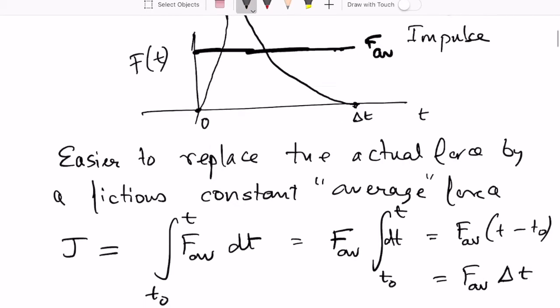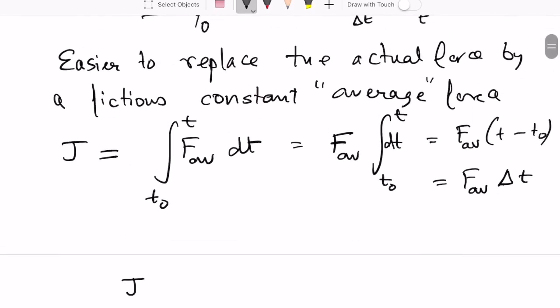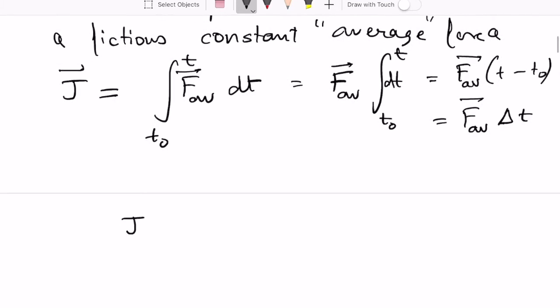So to summarize, the impulse is a vector, so strictly speaking, there should be vector signs over all of these. If you work with the actual force, the impulse is simply the integral of the force dt over the time interval that the force acts.